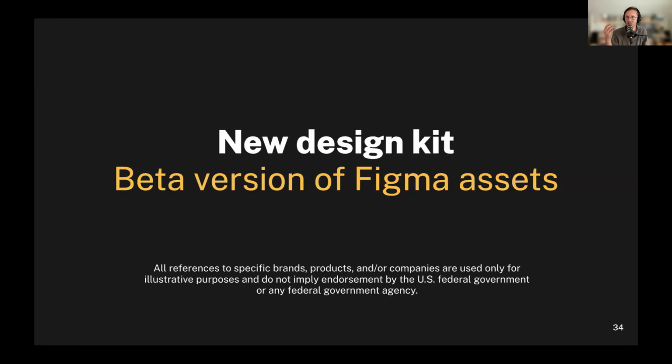And since this relationship between design and code is really at the front of our mind in our shift to web components, it makes more and more sense for us to engage with these tools directly and to do some of this work ourselves. And that's what we're beginning to do when we think about a design kit in Figma.